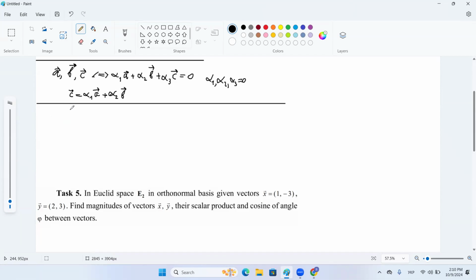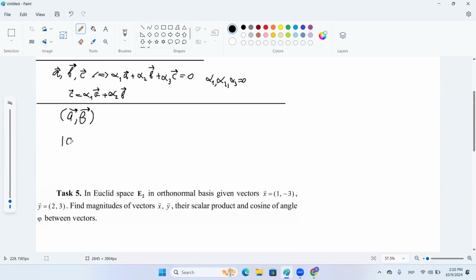Euclidean space is a partial case of linear space for which we have such an operation as scalar product, which we already know. So it is defined in this space. And this scalar product is a number. So it was actually correct.